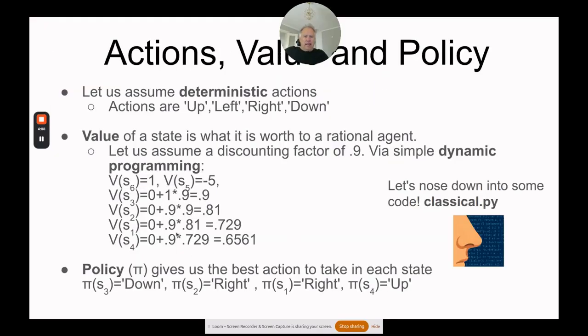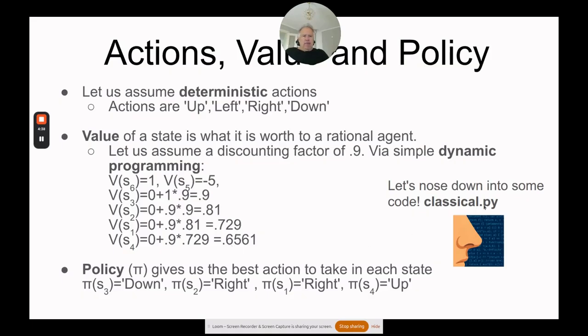So every state has a value, and the value is the future rewards you can get from that state. Now, what a policy does, this pi, is give us the best action to take in each state. This is actually what we're solving for in Markov decision processes: what's the proper thing to do at each state? What should I do now that I'm in this particular state?